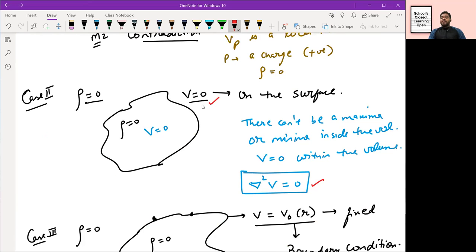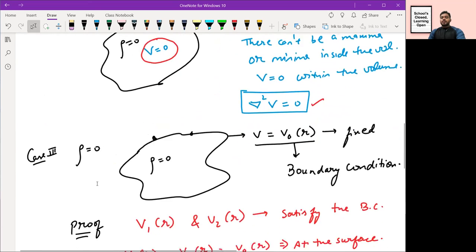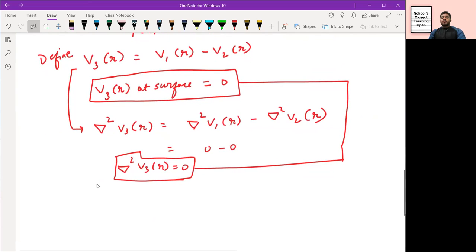That means everywhere inside the volume V3 will also be 0. Using case 2, we can write V3 will be 0 within the volume. And what is V3? V3 is V1 minus V2(R).